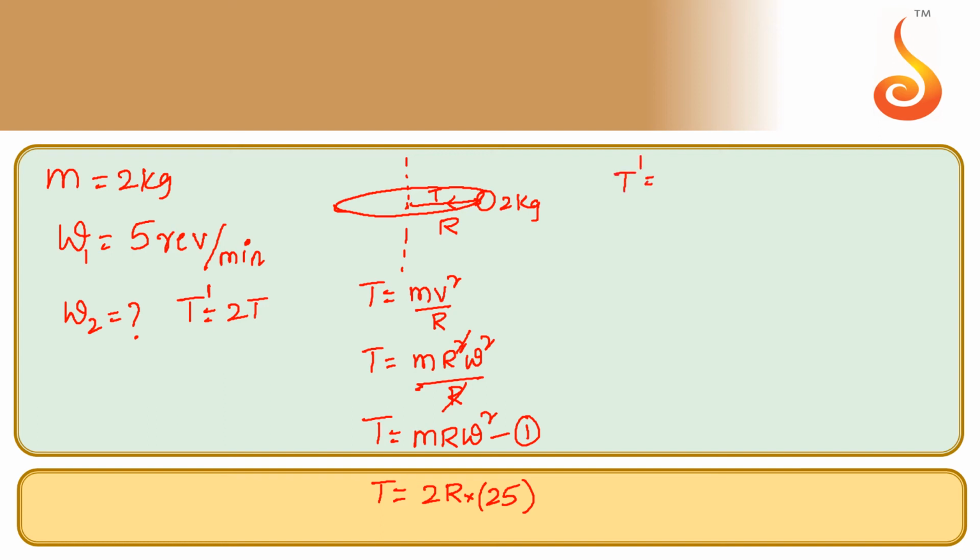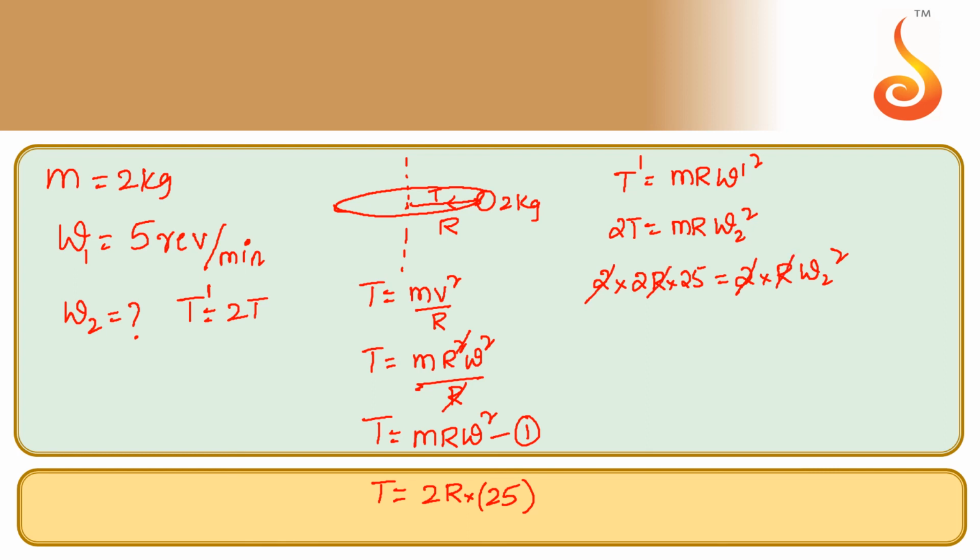T dash is equal to again m r omega 2 square. So T dash is nothing but 2T, so 2T is equal to m r omega 2 square. We know T value, so 2 into T is 2 r into 25 is equal to m, which is 2, into r into omega 2 square. 2 gets cancelled, r gets cancelled.